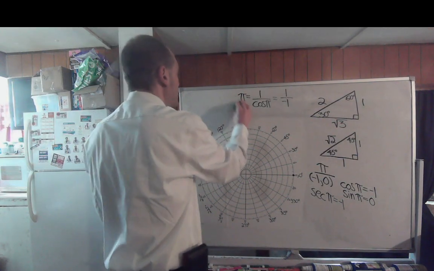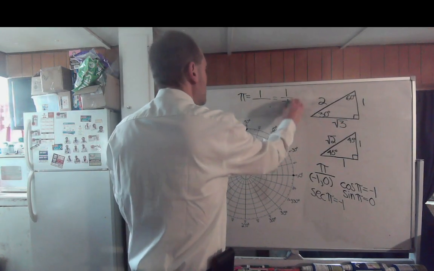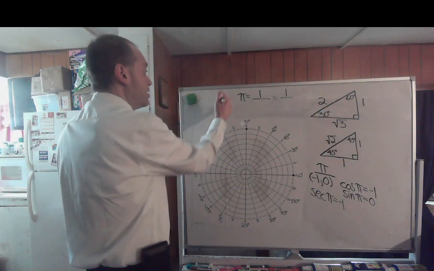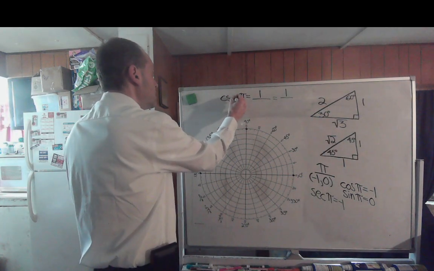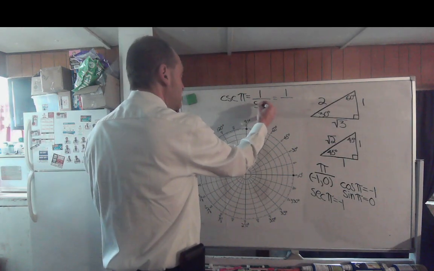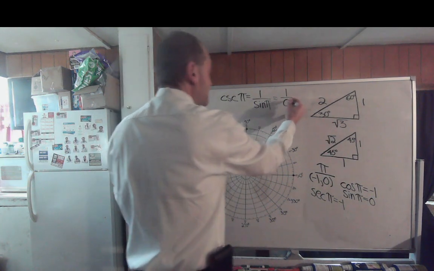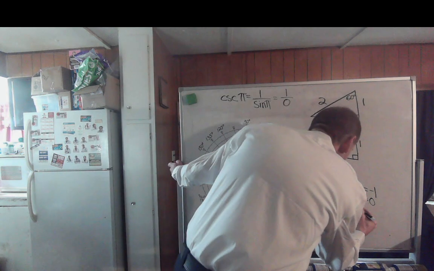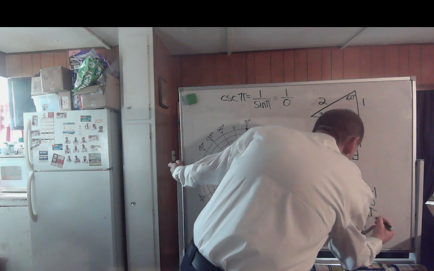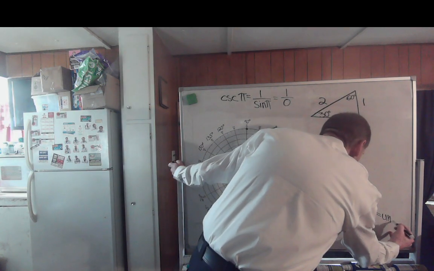Alright, now, what about the cosecant of pi? That's the same as 1 divided by the sine of pi, which would give you 1 divided by 0, that's undefined. So the cosecant of pi is actually undefined.